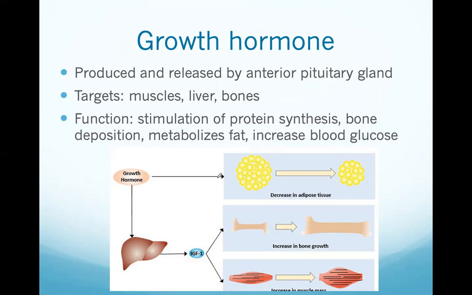So how does it actually accomplish this? By targeting these tissues, first of all, it can metabolize fat. It basically says fat is a really good source of energy for me, and when I'm growing, I need that energy, so I'm going to tap it and use it as the main source of energy for my growth. I tell my students a lot of times, when your child is undergoing a growth spurt, you notice that they lose their baby fat, right?